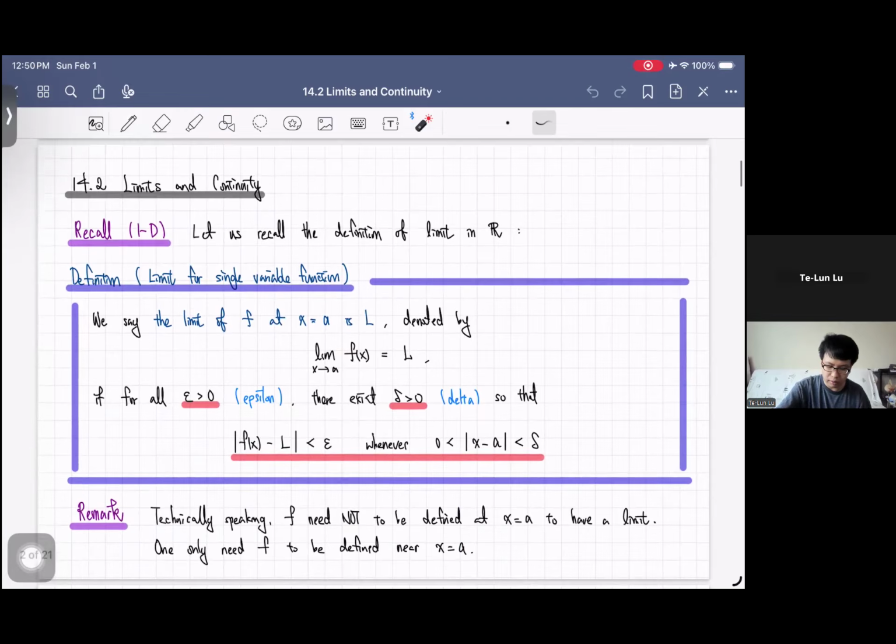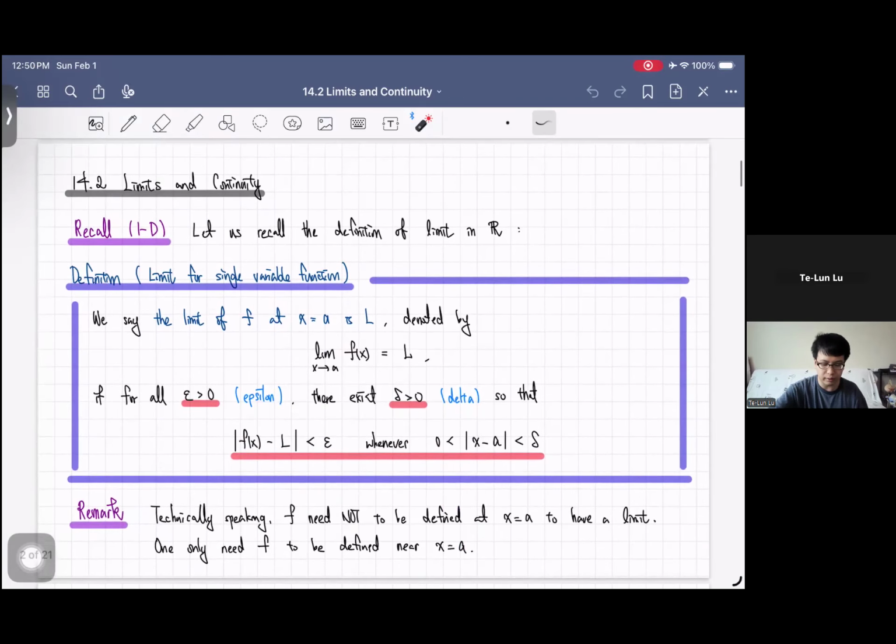So, first let's talk about, as I mentioned, the one-dimensional definition of limit. Actually, let me first mention the definition first, and I will briefly explain it conceptually. So, given a function f, obviously in this case, f is a single variable function.